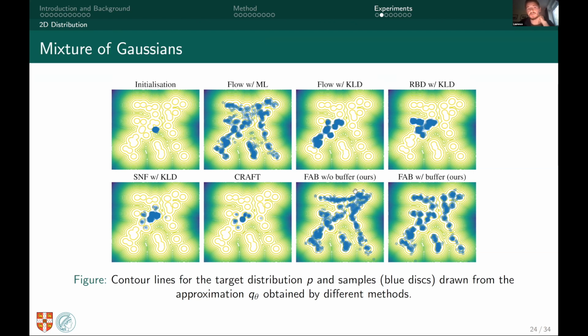Evaluation can actually be quite hard on the more complicated problems, whereas with this one you can be much more confident. So we train a variety of models. One other thing that we do is give the flow a really bad initialization. You can see the initialization of the flow in the top left plot. This makes the problem really hard, and it also tests the capacity of the method for discovering new modes that are not included initially in the flow.